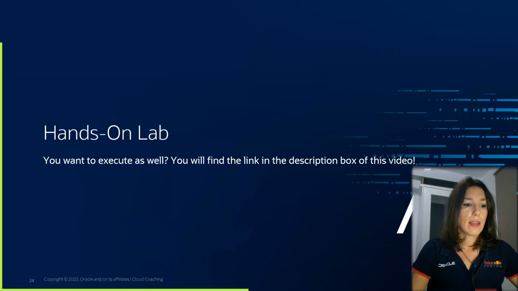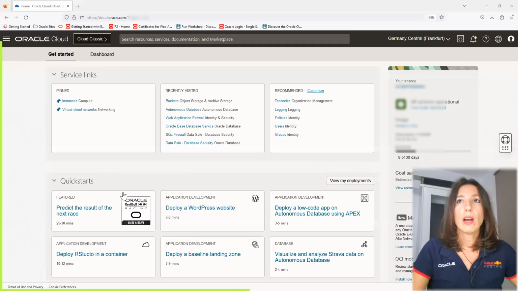So let's do it in the Oracle Cloud Infrastructure console. The first thing we need to do is, of course, run the security and compliance assessments. For this, in the lab, you will be provided with scripts. Once you have downloaded these scripts, you have to run them in your tenant.